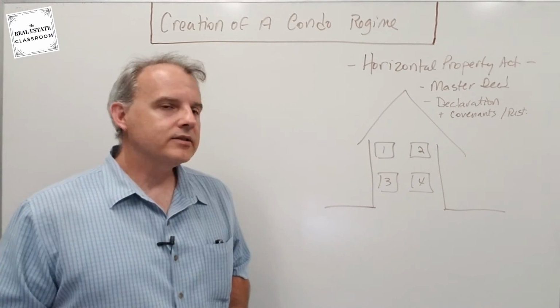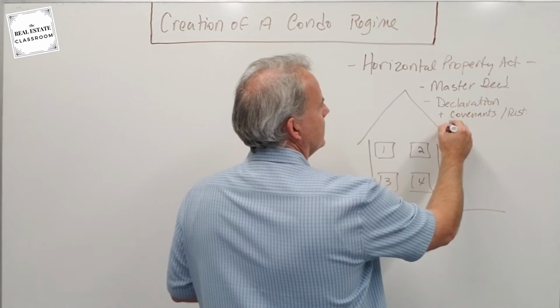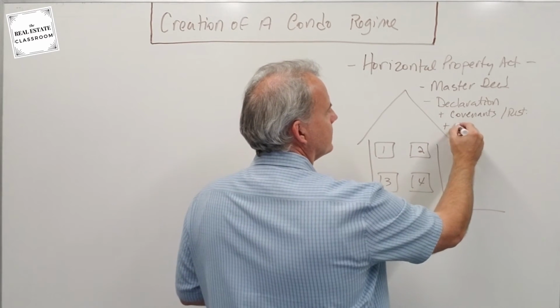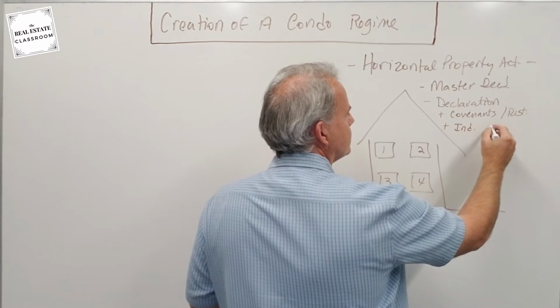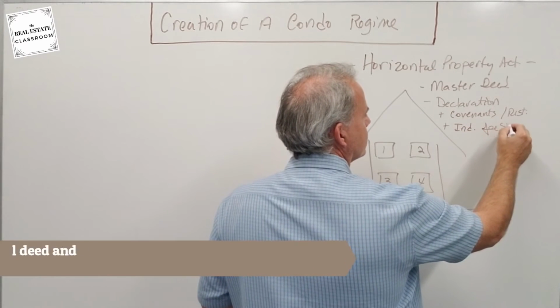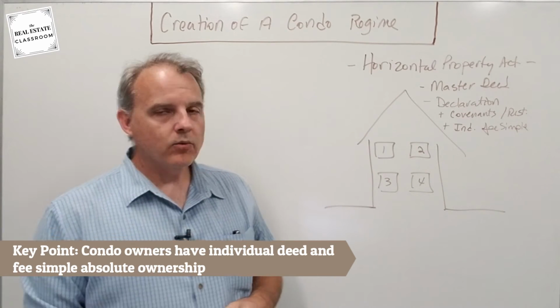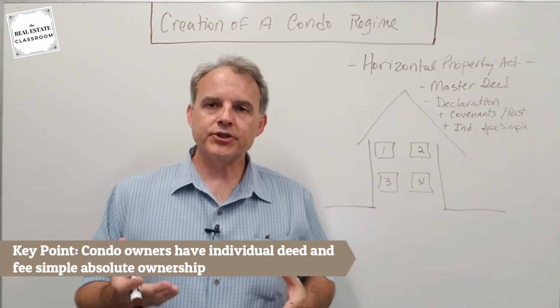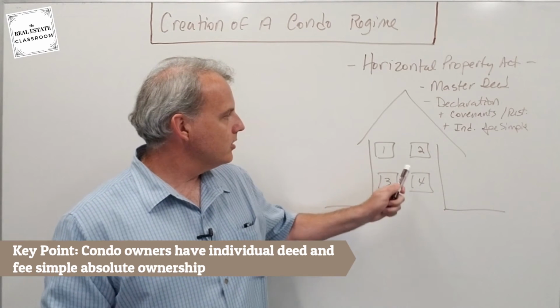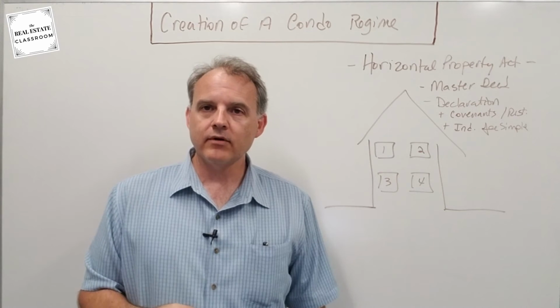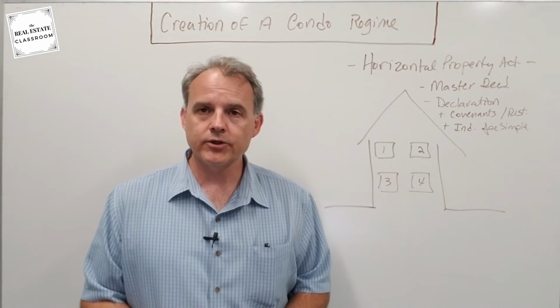The other thing that it does is convert the units, unit 1, 2, 3, 4, into fee simple ownership. Again, in that video, we talked about what fee simple absolute ownership means. It means that the owner of condo number 1 has the entire bundle of rights. They have fee simple absolute ownership.